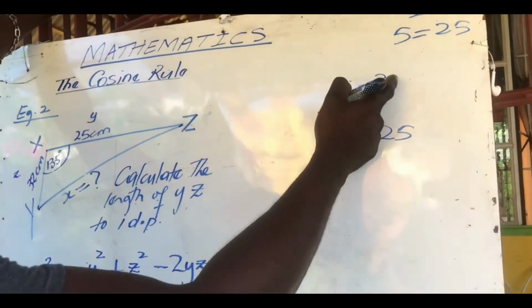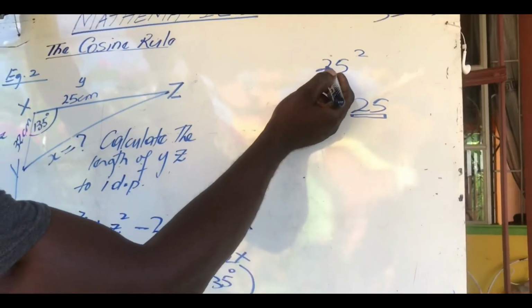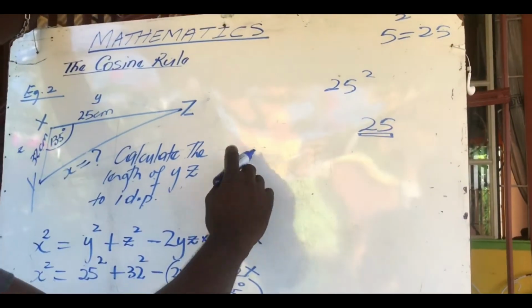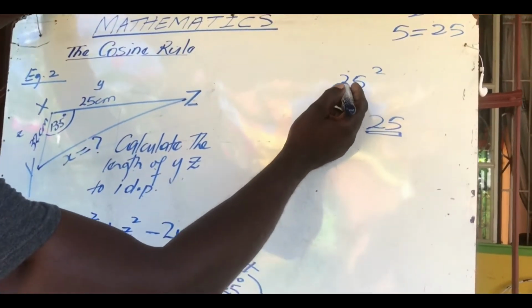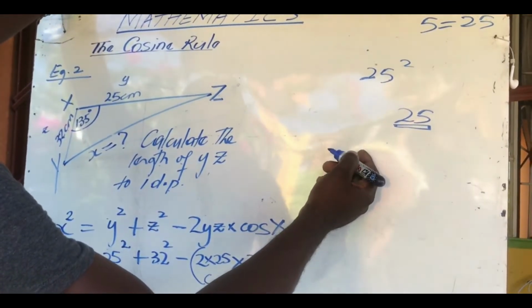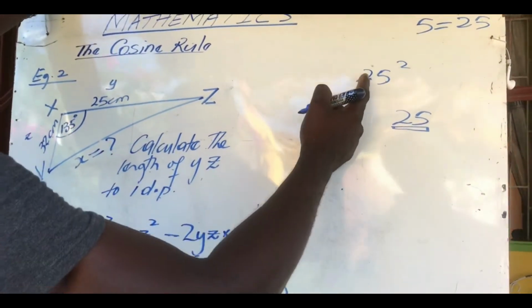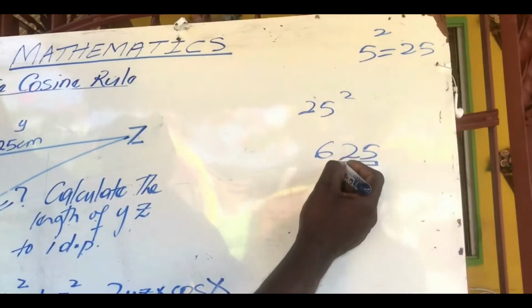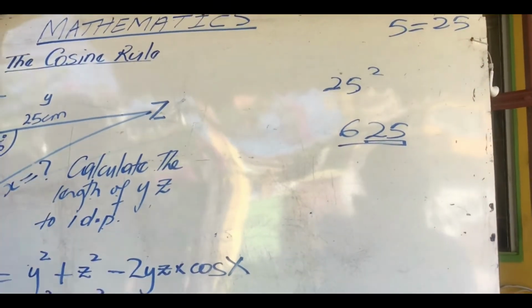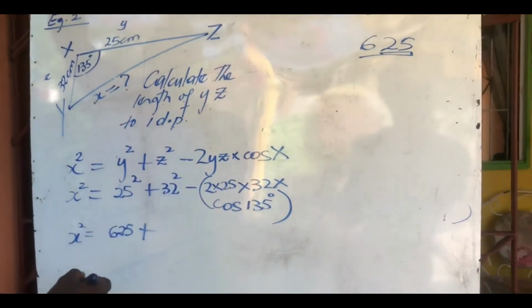So if it is 25 squared, we know that it must end with 25. The digit before the 5, or sometimes it can be 2 digits, you simply multiply that digit by a number that is 1 more than that digit. So 1 more than 2 is 3, so 2 times 3 is 6, and we actually get 625. So this is 625 plus 32 squared.